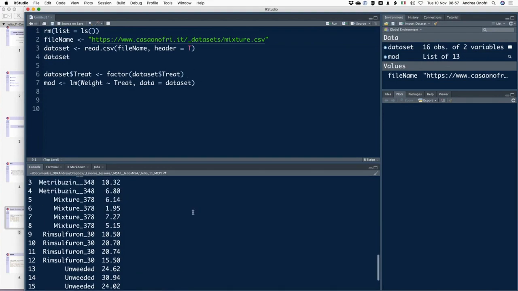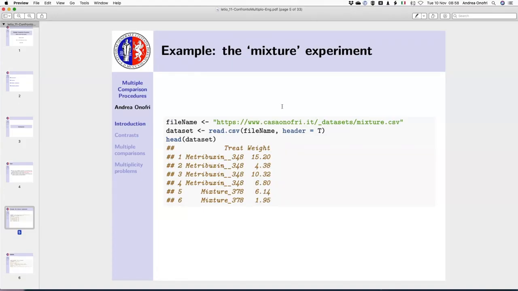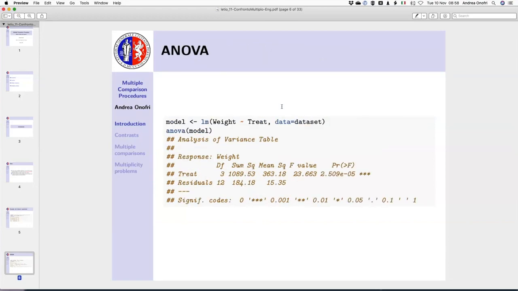We did this already, but now we want to compare the treatments. Also Yukong is there. Did you fit the model also, Yukong? So, here we go.